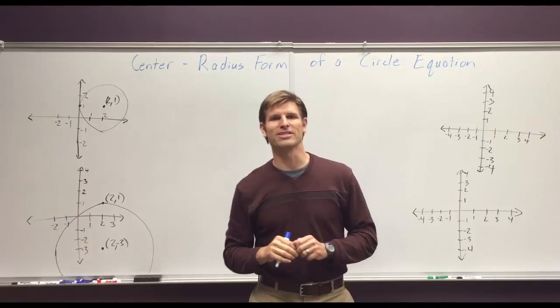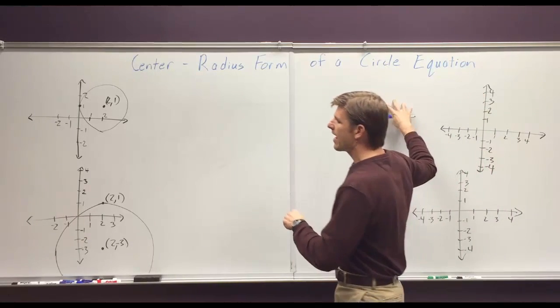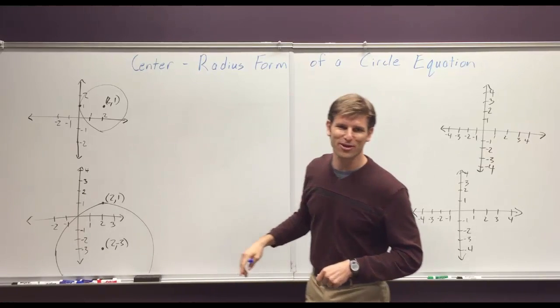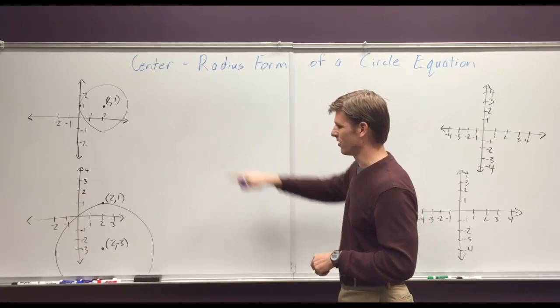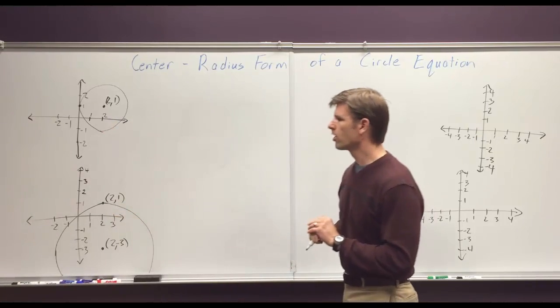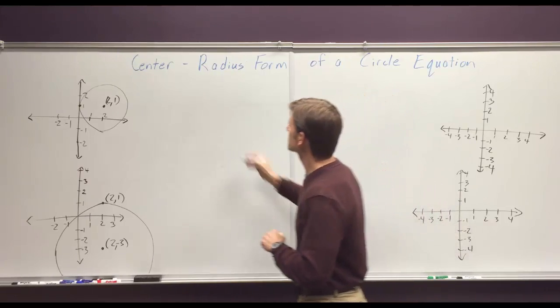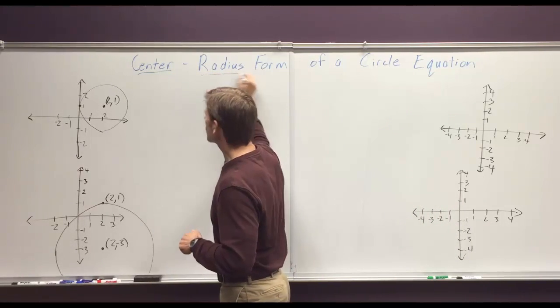Here's a video about the center radius form of a circle. We have two pictures. I took the liberty of drawing the pictures before I started the video, and we'd like to come up with an equation for those circles that makes use of the obvious facts, the center and the radius.